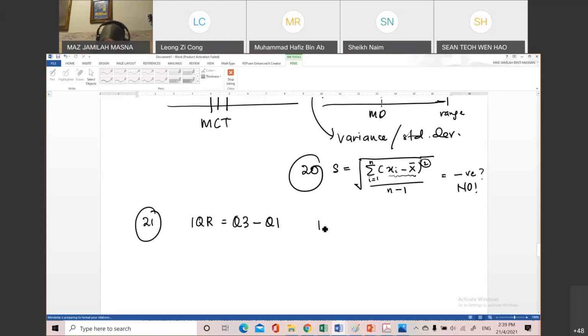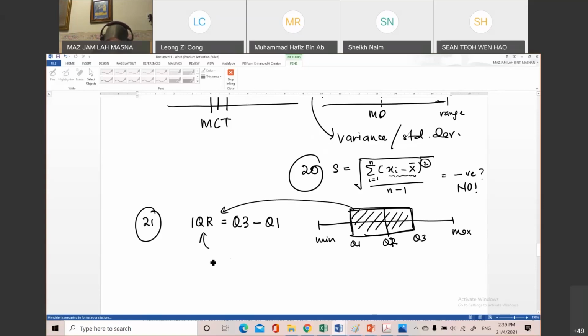In your box plot, you have your min, your max, your Q1, your Q3, and your Q2 here. So your interquartile range is this one. We are talking about your middle 50% of your data. That is what the interquartile range tells you.